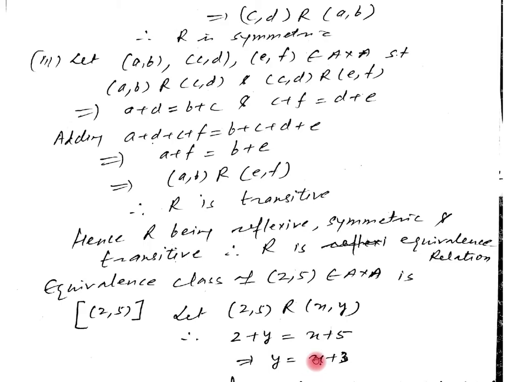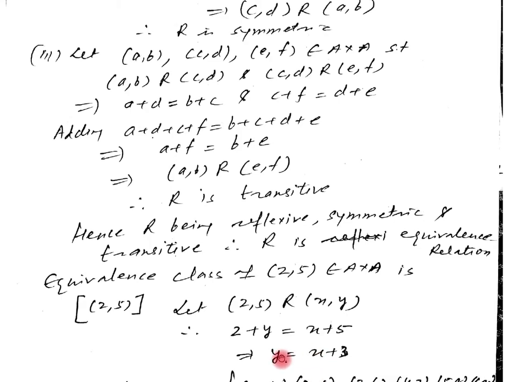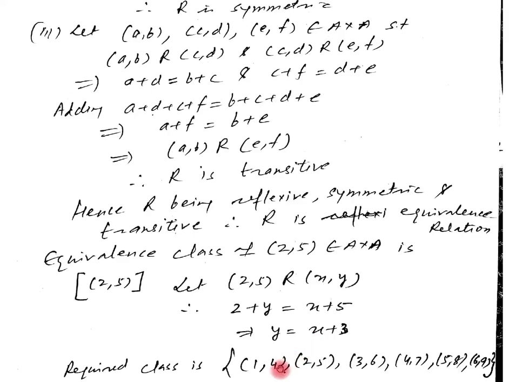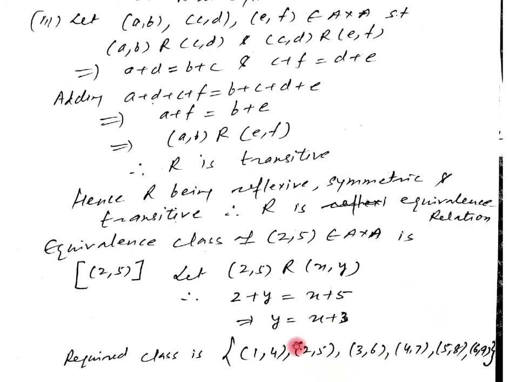Now we will choose the value of x and find out the value of y that are belonging to A. Now first we have taken x equal to 1, y 4, then (2, 5), (3, 6), (4, 7), (5, 8) up to (6, 9). We cannot take x as 7 because if x is 7, y must be equal to 10 and our elements in A are up to 9. So these are the elements related to this element. It means it is the equivalence class of the element (2, 5).